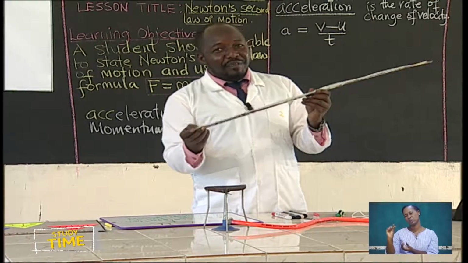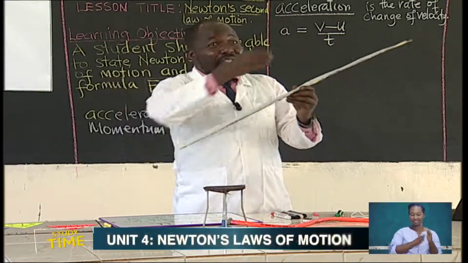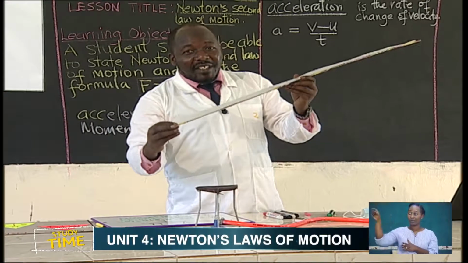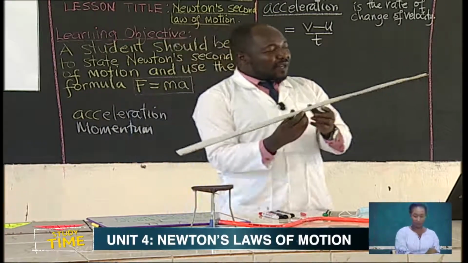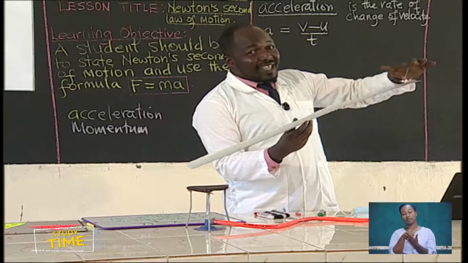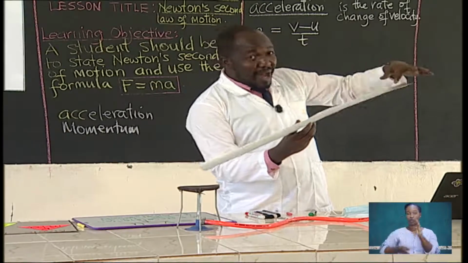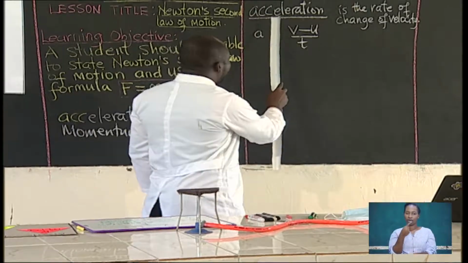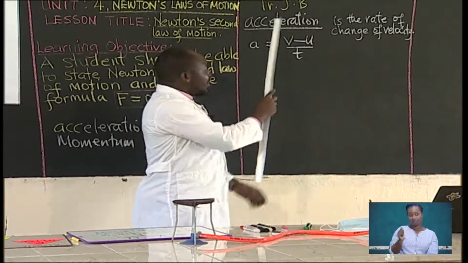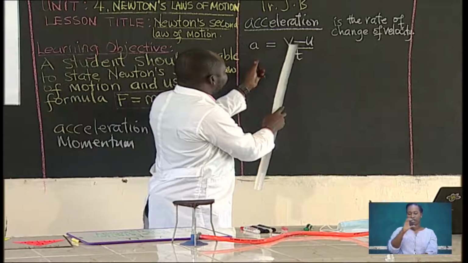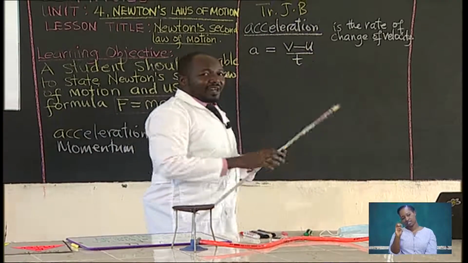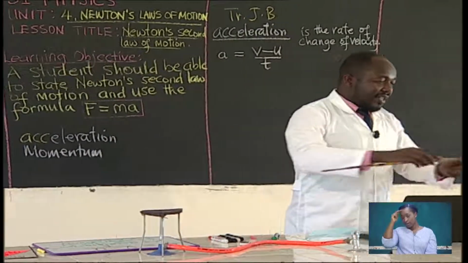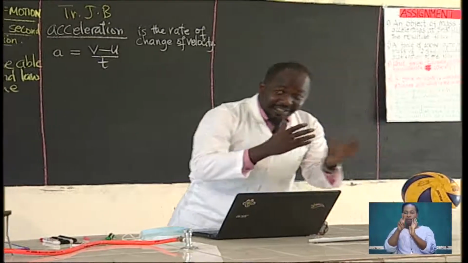The velocity at point B is higher because the body is moving faster when it is at point B. Now, simply because the velocity of the marble was increasing, then we can say the marble was accelerating. So if we want to calculate acceleration, it is v minus u over t. I hope that reminds you of what you learned before.